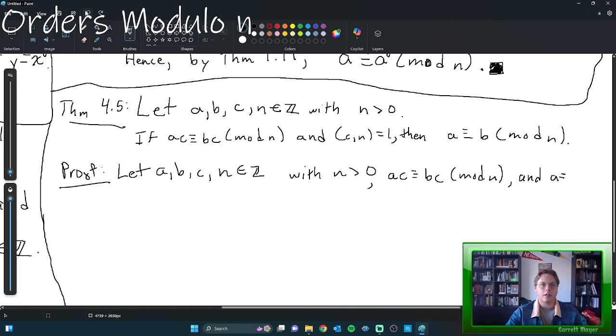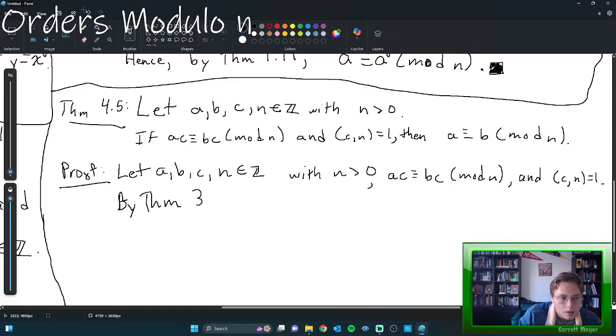And GCD of c and n equal to 1. Okay, so that's the first point. So by theorem 3.20, cx is congruent to 1 mod n for some x in the set of all integers.